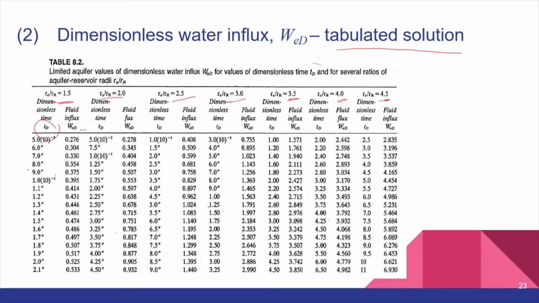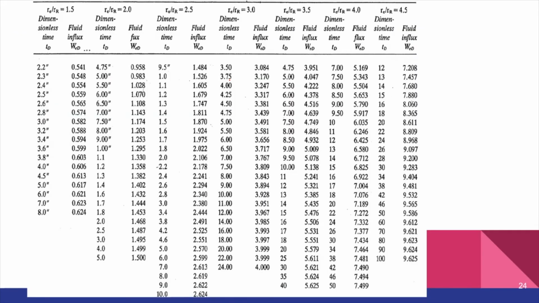If you have 3 for Re over Rr, that means your dimensionless time here is 1.25, your water influx is 1.7. So it's the same like the graph, you just read the dimensionless time and you'll get your WED. And this is the same.